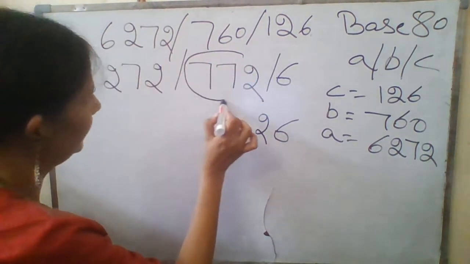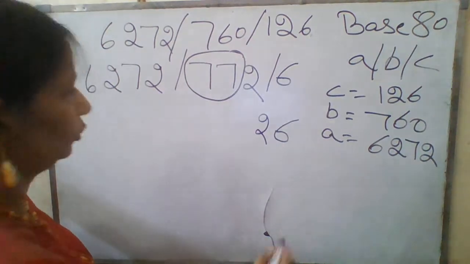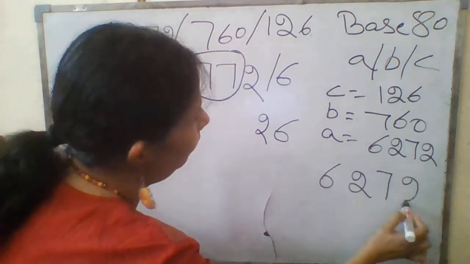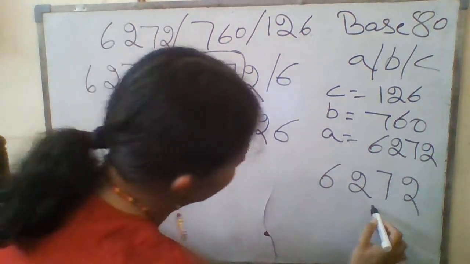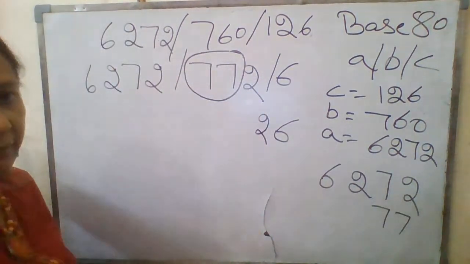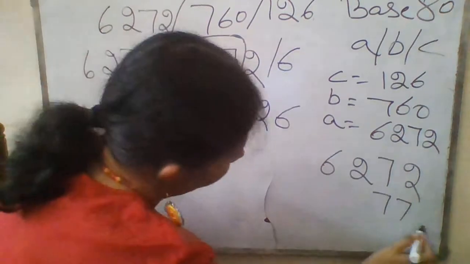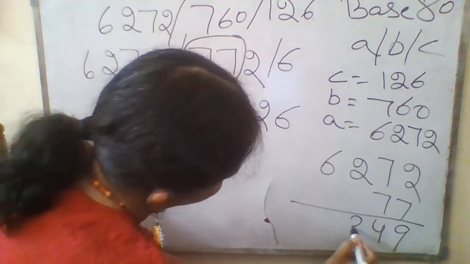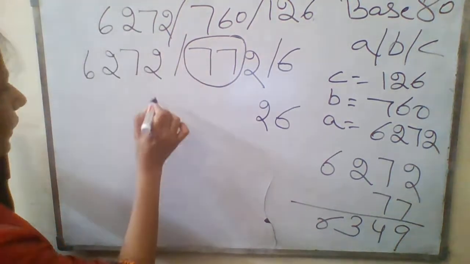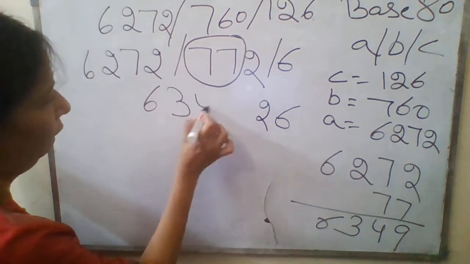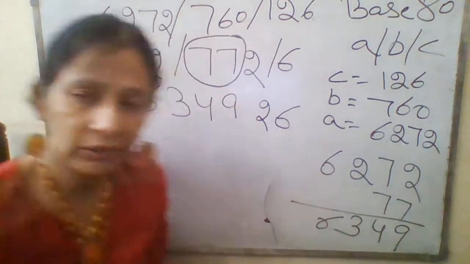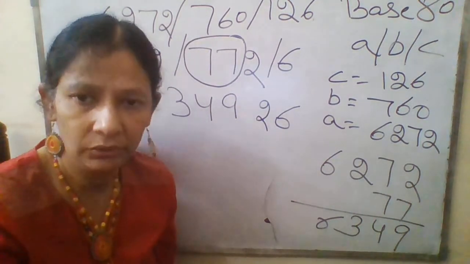This 77 is left, so what you will do is 6272 plus this 77. So what will you get here? 9, 7 plus 7 is 14, 4, 3, 6. So you will get 6349, and you can check with the calculator. This is your answer.